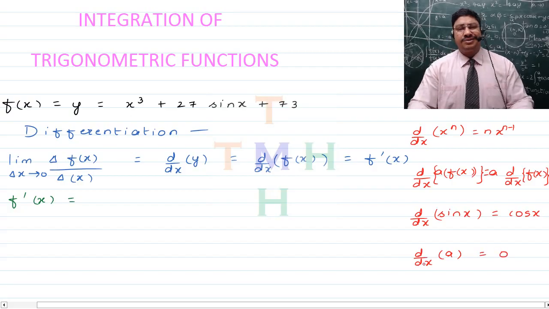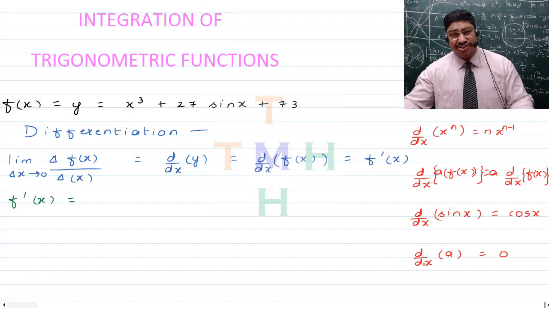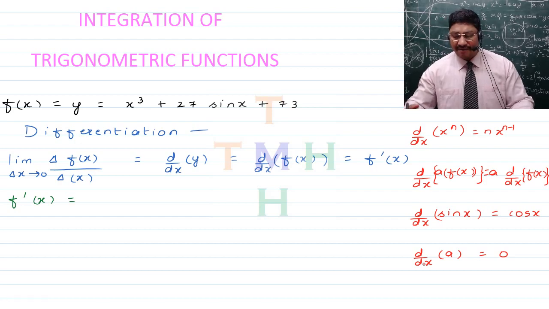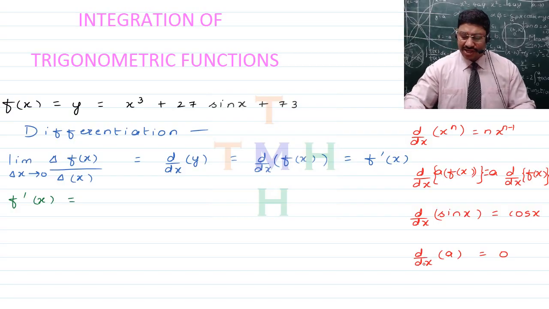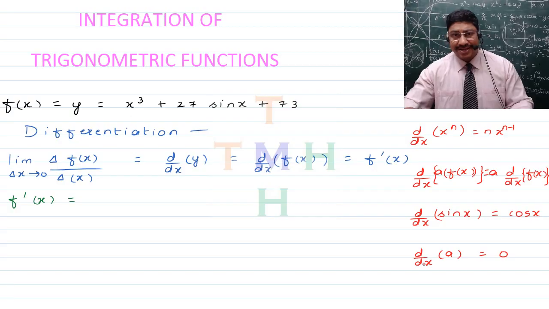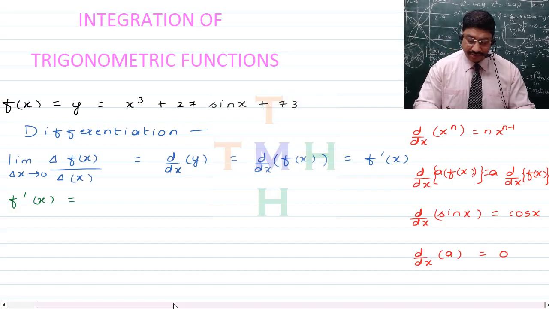That is because a constant doesn't change even if the value of the independent variable changes. If you have f of x equal to 43, whatever value of x you keep, the value of the function will always come to 43, and that is why the change in the value of the constant function is 0 when an infinitesimally small change happens in x, and as such the derivative comes equal to 0.